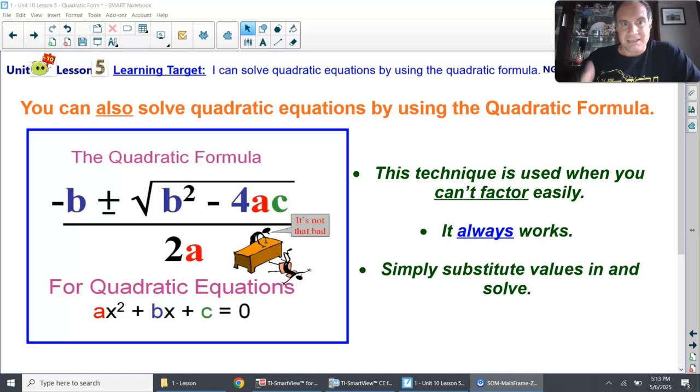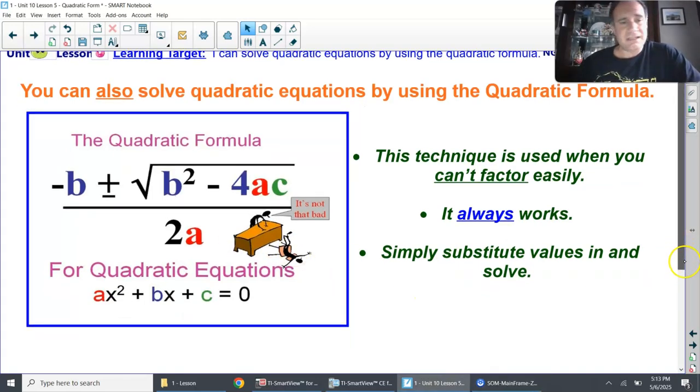Go to the reference sheet, put the quadratic formula down, and label your A, B, and C, and that's it. You substitute the values in, and you solve. A lot easier than dealing with anything else.